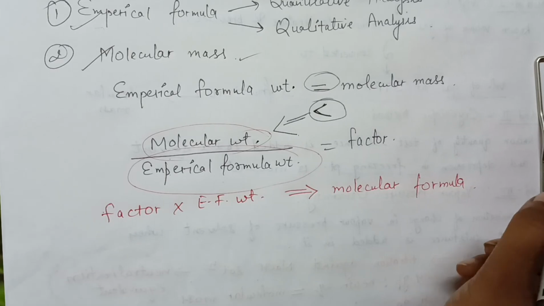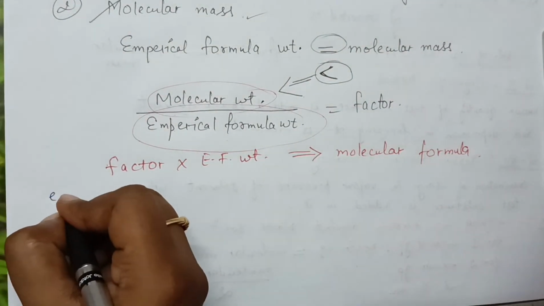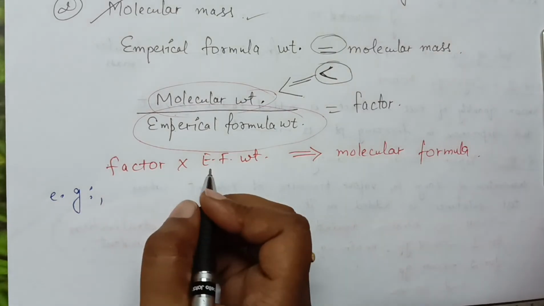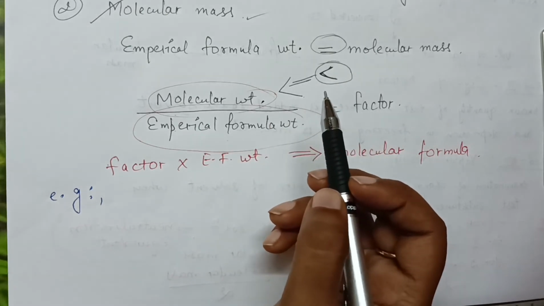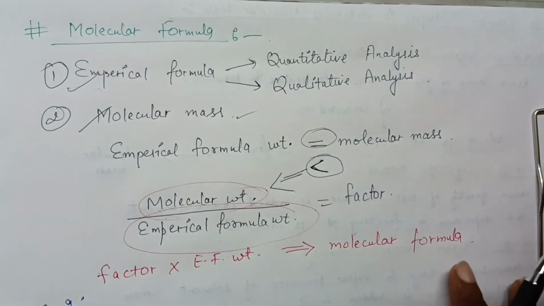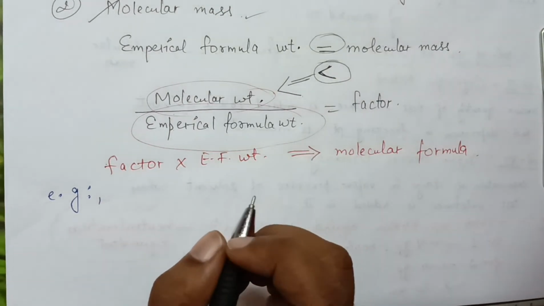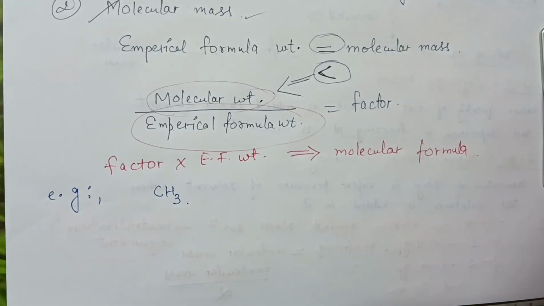Now we are going to understand this using an example. Suppose we have some unknown compound. After quantitative and qualitative analysis, we know the compound has the empirical formula CH3.